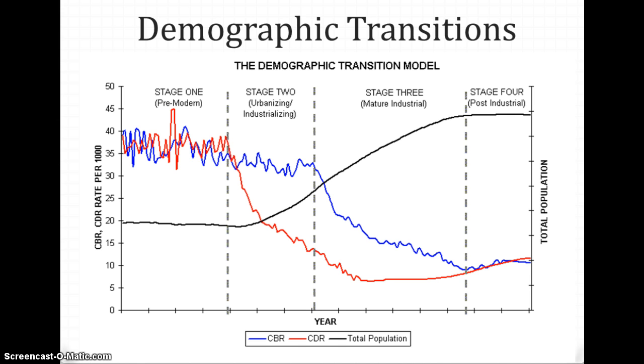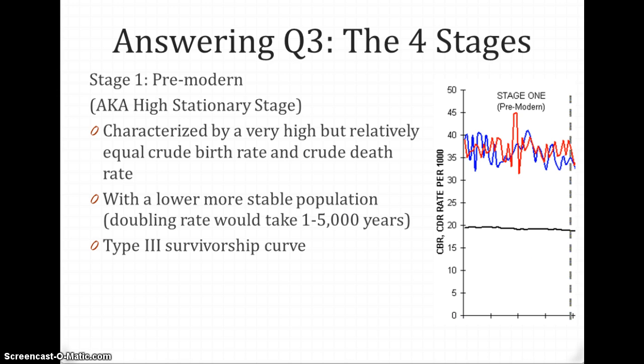Keep in mind that your blue line is your crude birth rate, your red line is your crude death rate, and your black line is your total population. So our first stage is our pre-modern stage, otherwise known as the high stationary stage, because it is characterized by a very high but relatively equal crude birth rate and crude death rate.